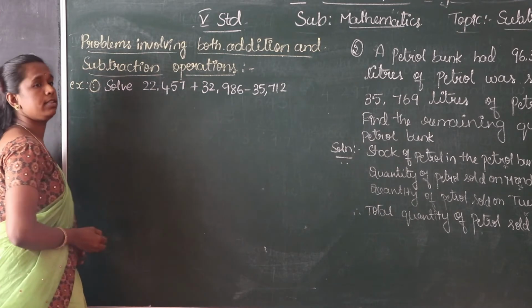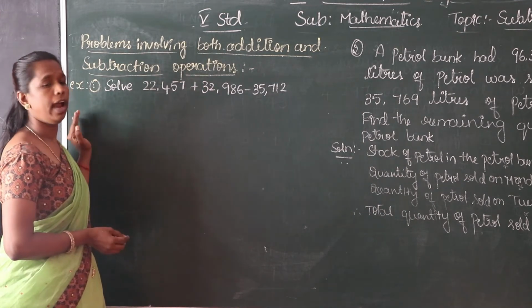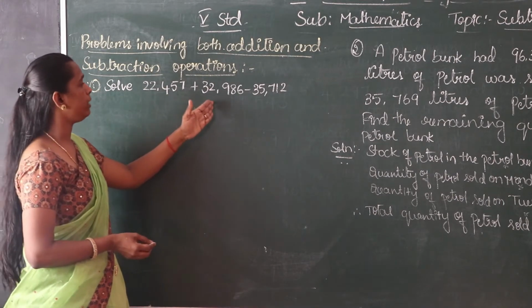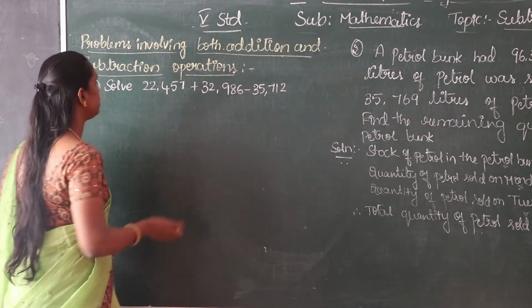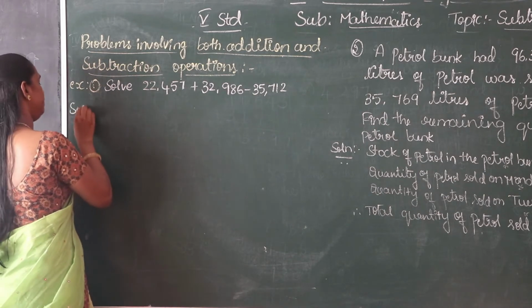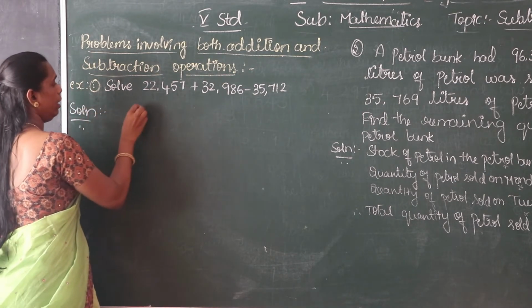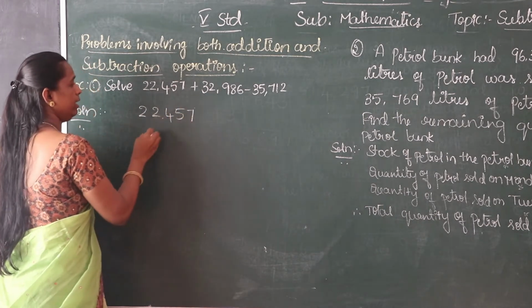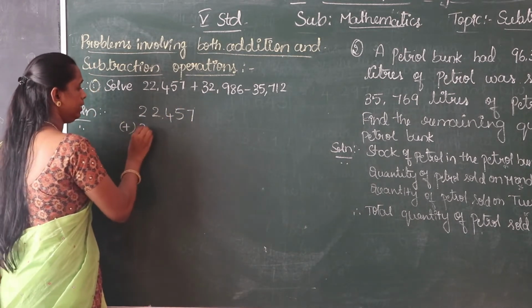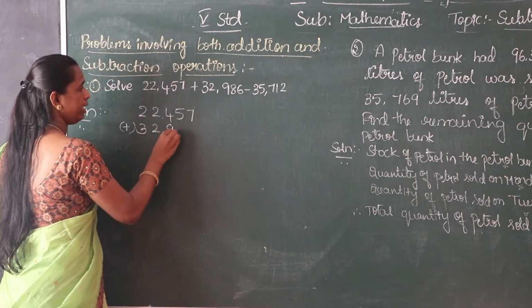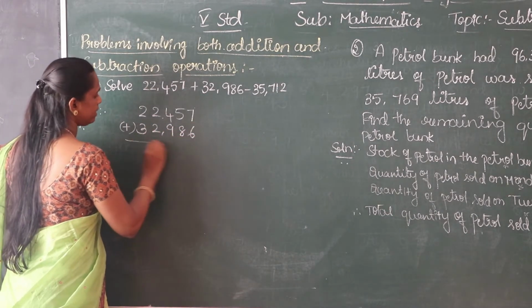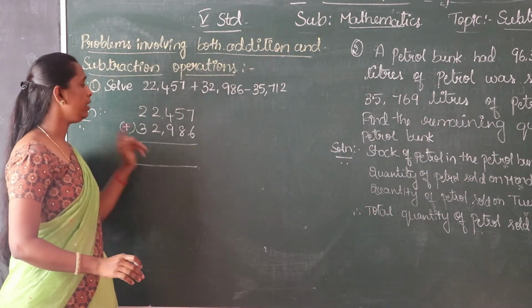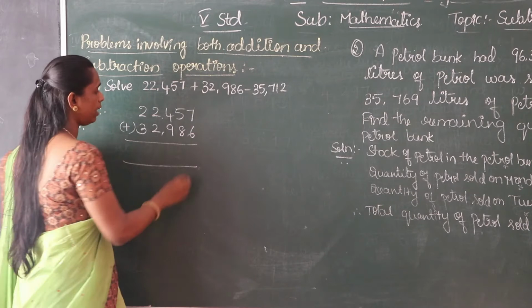In this question we have to first add 22,457 plus 32,986. Solution: 22,457 plus 32,986. First, do the addition here. 7 plus 6, 13.